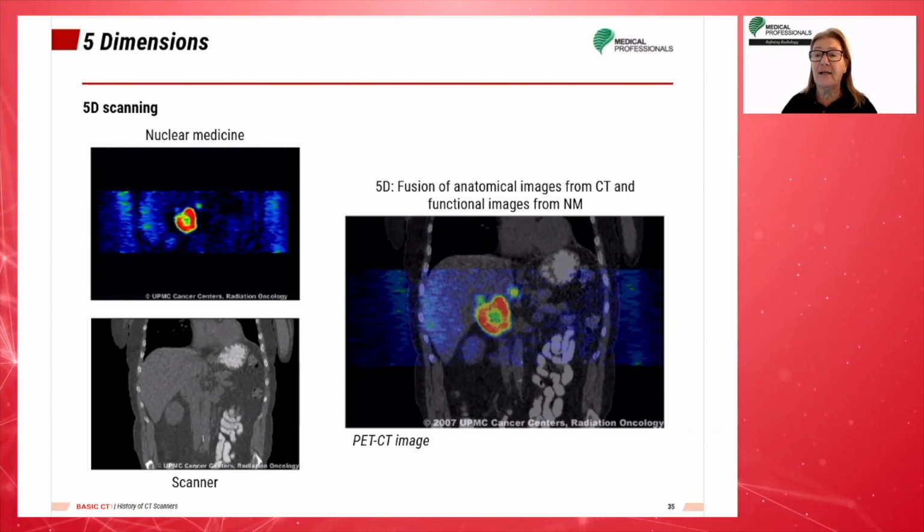5D scanning, or 3D plus dual energy plus time, is the fusion of anatomical images from CT and the functional images from nuclear medicine or MRI. Five-dimensional or 5D images are dynamic 3D images that are acquired at multiple times.